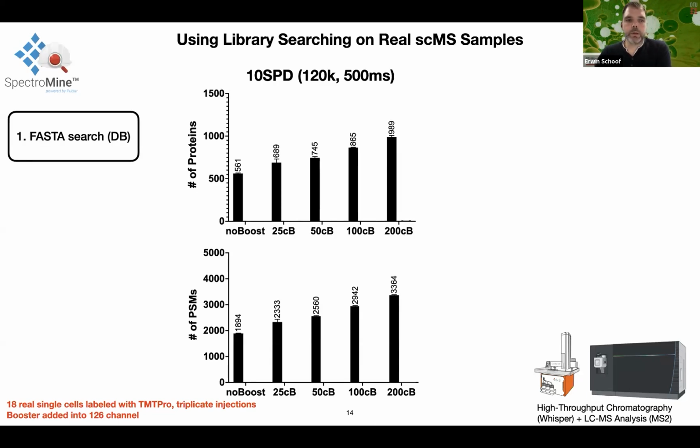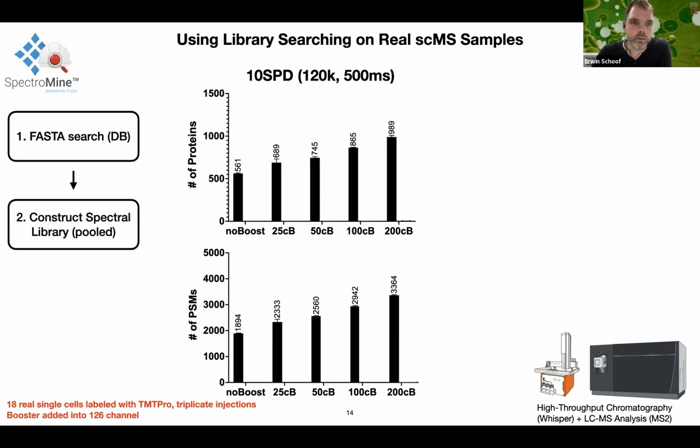So we repeated this experiment, now using 18 real single cells prepped according to the workflow I presented, and adding booster into the 126, i.e. masking that single cell that's there in these booster samples. Again, we're checking just with standard DDA and seeing a nice increase in numbers of proteins identified in the single cell channels when we use real single cells.